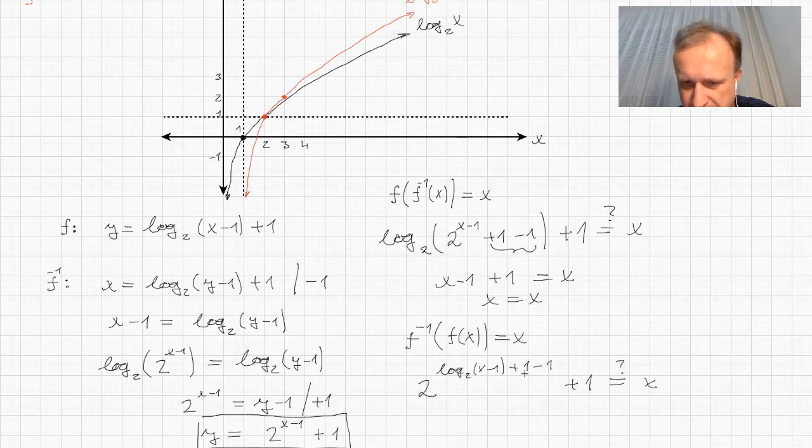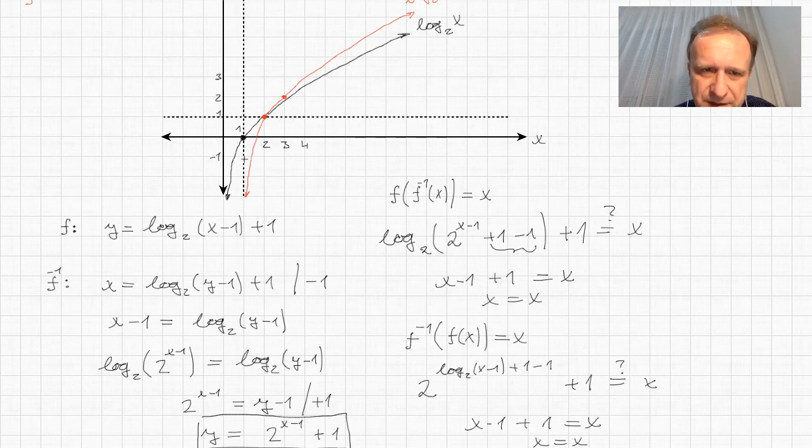Well, let us see. These two numbers cancel each other out, and now I have 2 to the power of logarithm in base 2 of x minus 1. So you see this exponential is just x minus 1, plus this 1, it's really equal to x. So x equals x. So this proves that this function is the inverse of the original function.